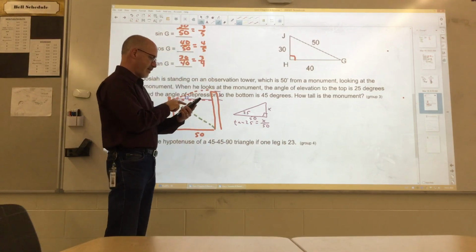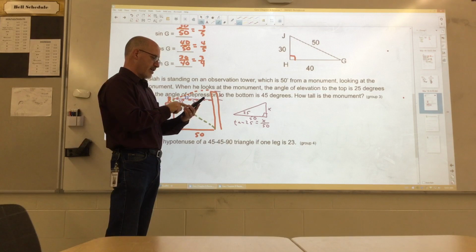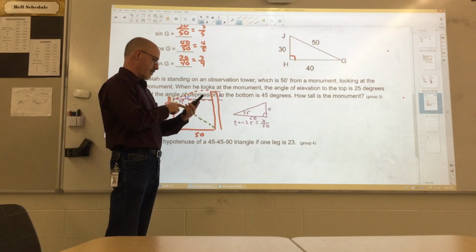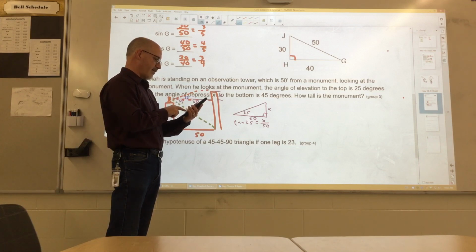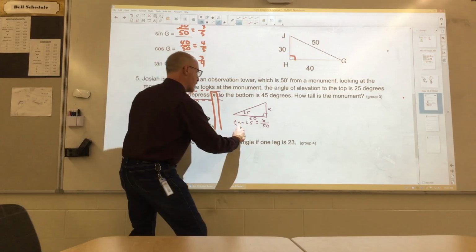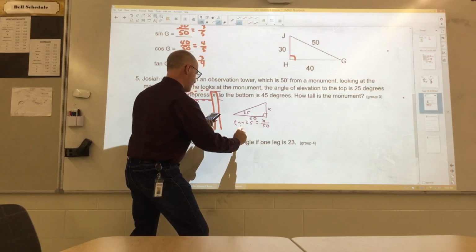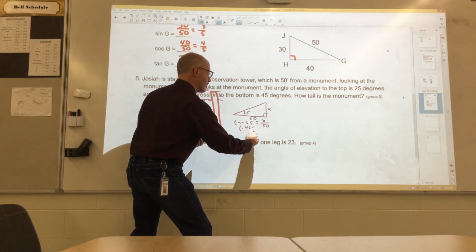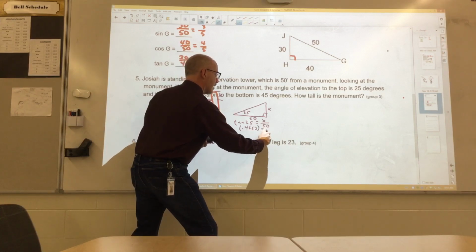Tangent of 25, let me do that on my calculator, let's do it to 4 decimal places. Okay, so I'm going to go with tangent of 25. That number to 4 decimal places is 0.4663 equals x over 50.